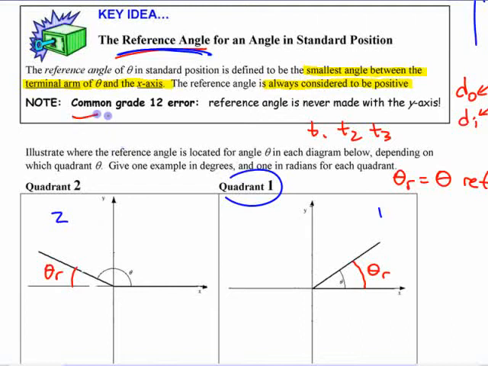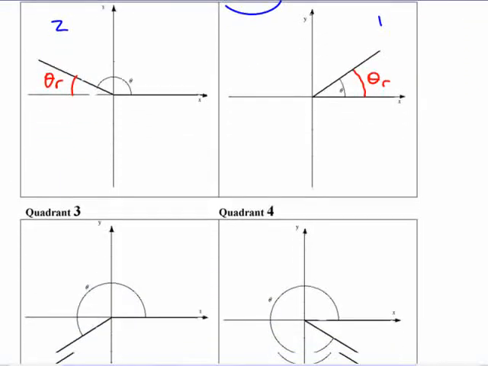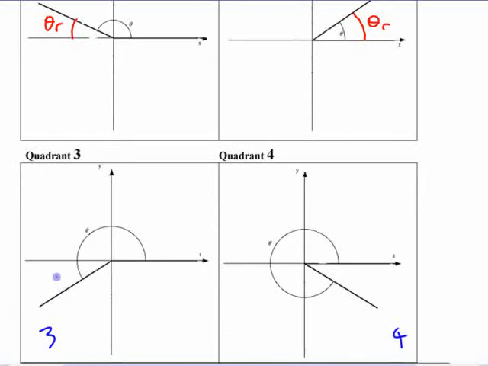And maybe you want to see that the reference angle is not with the y-axis, it's always with the x-axis. Quadrant 3 is the one where people make that mistake. For the relationship in each of these cases, actually, let's draw the other ones first. In this one, you have the reference angle there. Kind of goes backwards. In this one, it's over here.